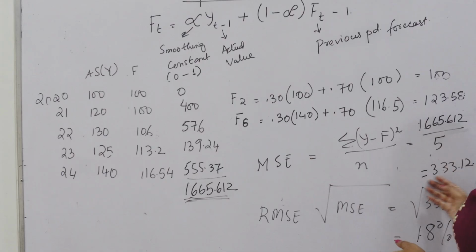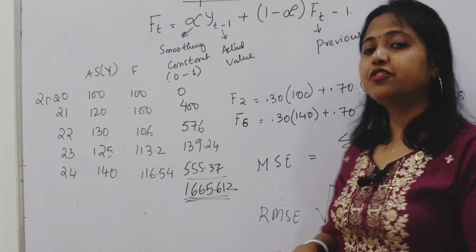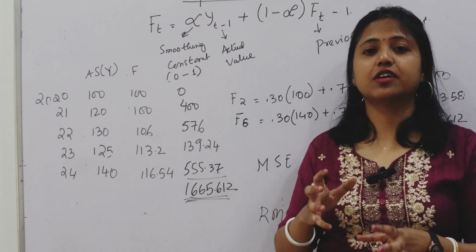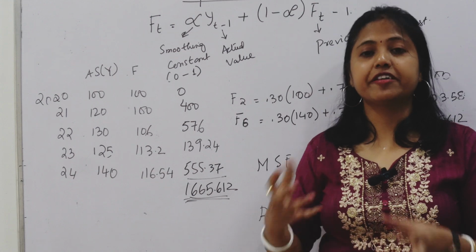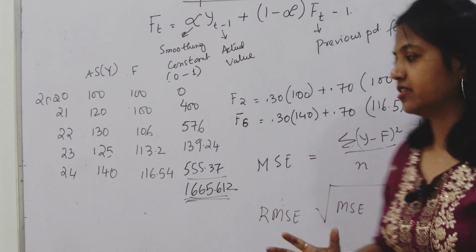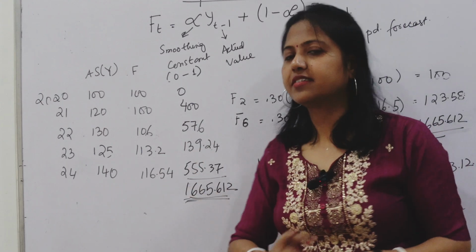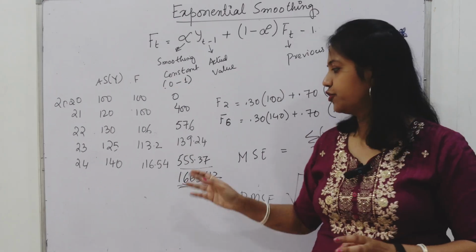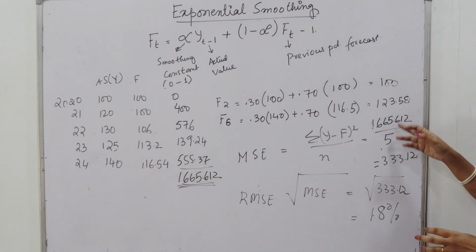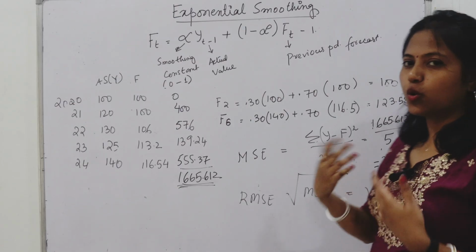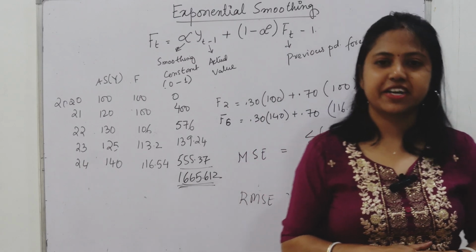Here you are talking about the absolute value, but RMSE will tell you the relative, or in other words, the percentage of variation between the actual and the forecasted. So I have calculated, it comes to 18%. So there is a chance that your forecasted value, that is 123.58, may go up by 18% or down by 18%.